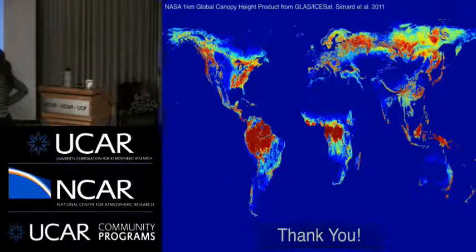There's ALOS PALSAR, which is a product that already exists from a Japanese satellite, and people have used that to look at biomass predictions. I don't know exactly why, but I think the calibration and the setup of the sensor in ALOS PALSAR, which is the best we have now, right, doesn't produce the same fidelity as this new P-band sensor, specifically for predicting biomass when people have done ground calibrations.